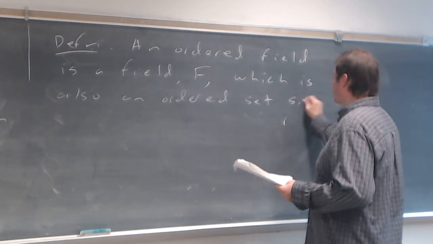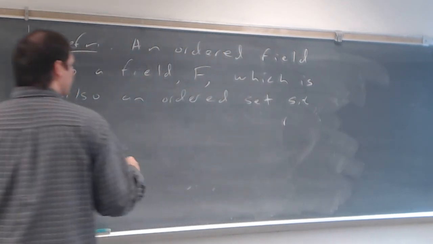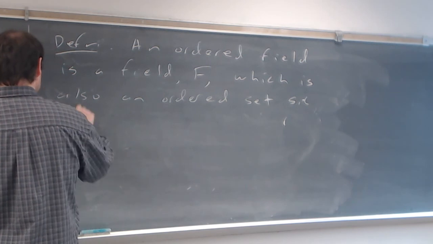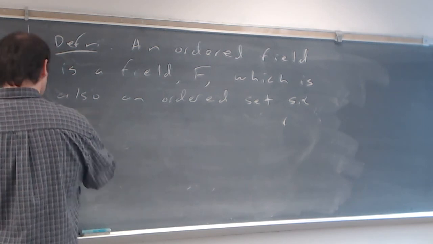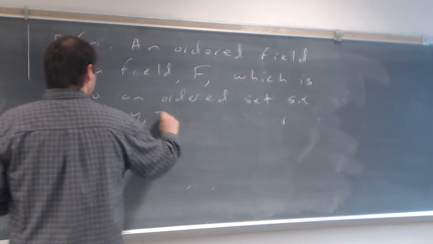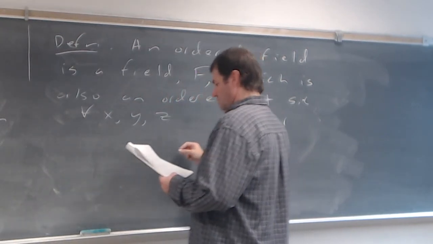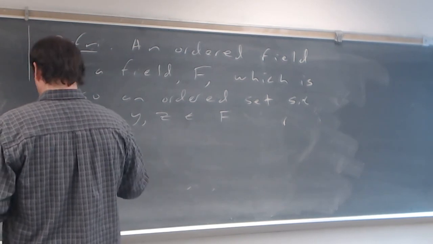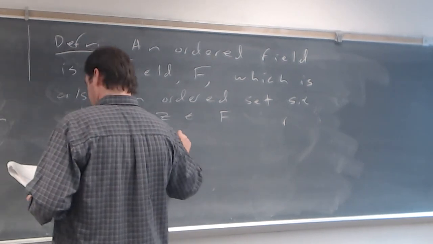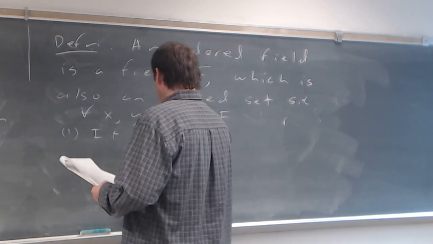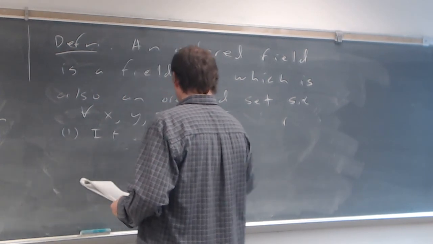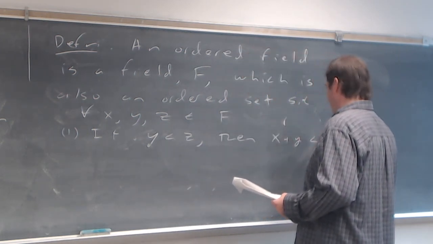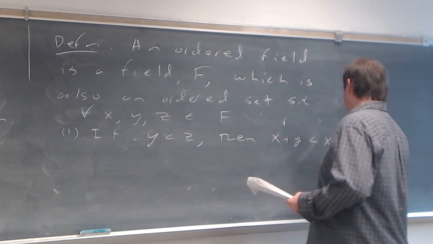such that, not only is an ordered field a field that has an order, that's an ordered set, it also satisfies two things. It's such that for all x, y, and z elements of F, the first thing is if y is less than z, then x plus y is less than x plus z.